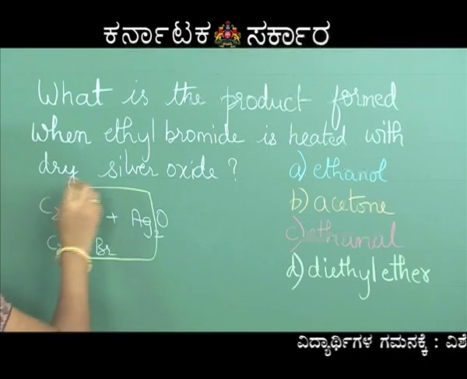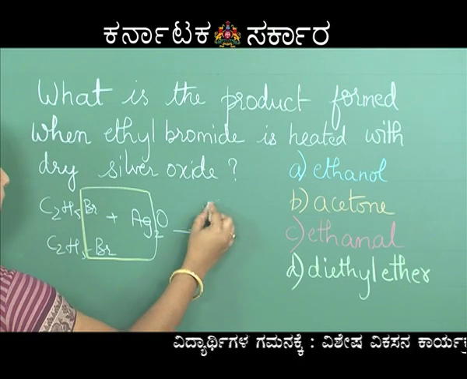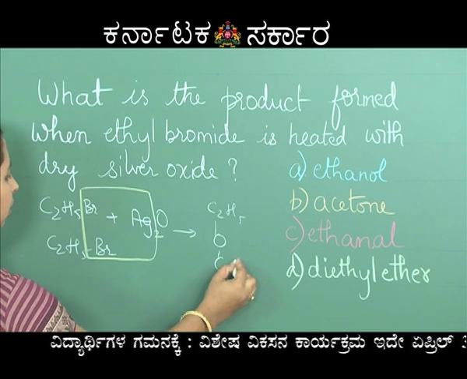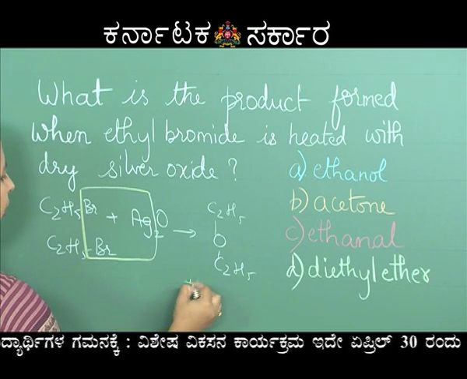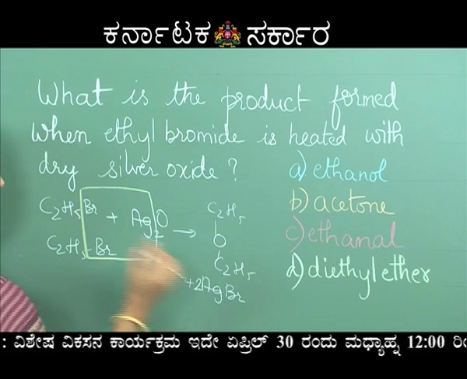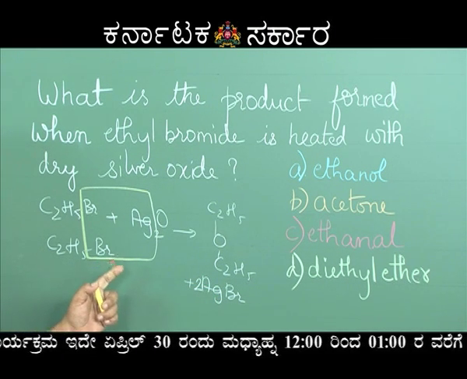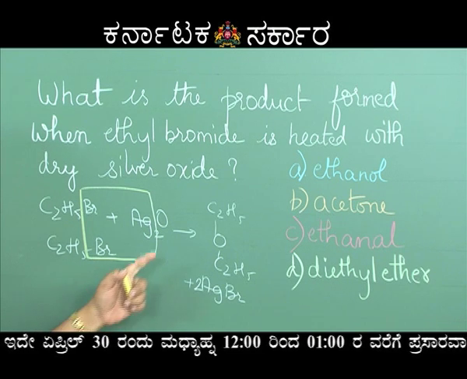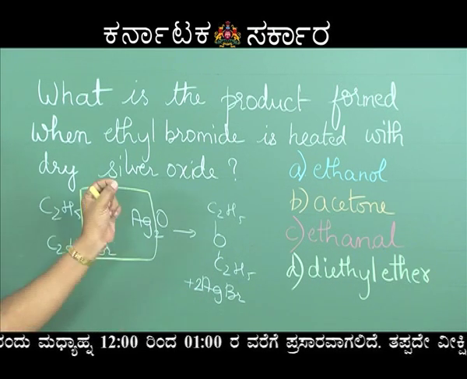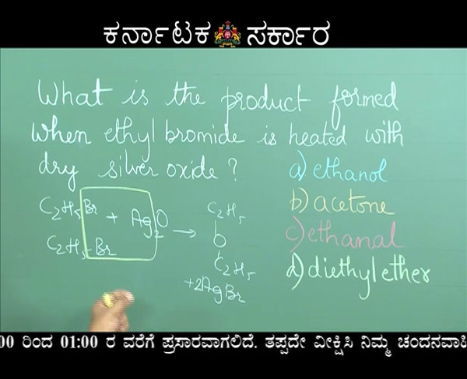Here silver bromide is removed and we get diethyl ether, that is C2H5OC2H5, and the byproduct is AgBr. So this is how ethyl bromide will react with dry silver oxide to form diethyl ether. Now what is the option given here? Option D, diethyl ether, is the correct option.